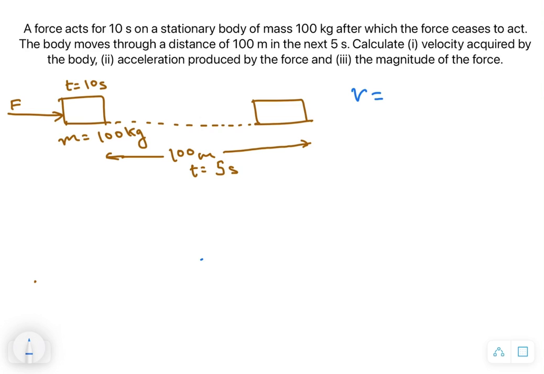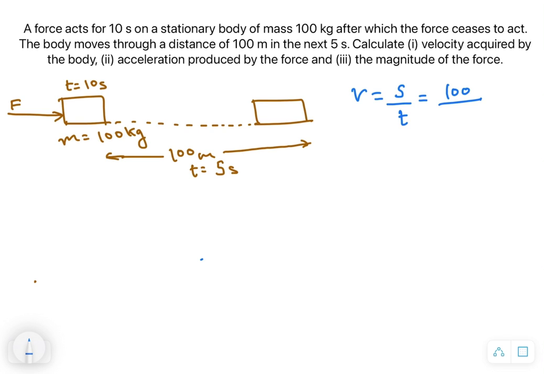So velocity is equal to the distance it has moved, let us say distance is S, divided by T. So what is the distance moved? Distance by time, 100 divided by the time in which that body moved from position A to position B.